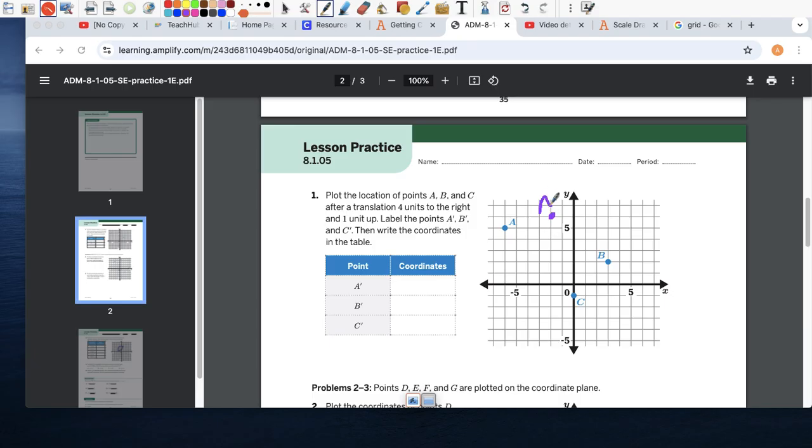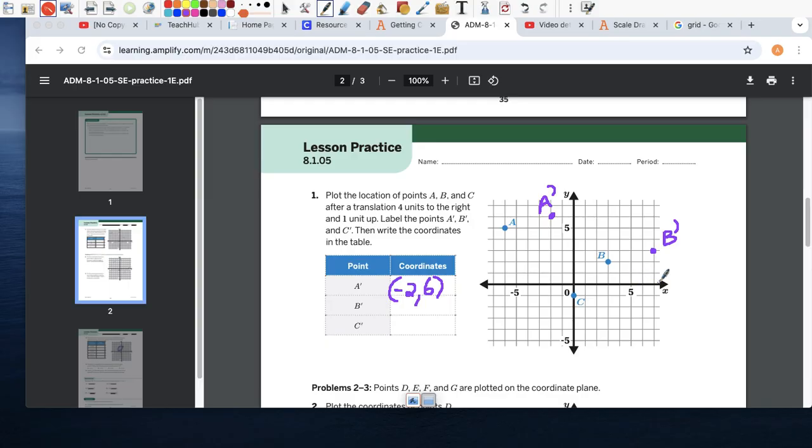A prime. And right away, I'm going to put the point. So that is 1, negative 2, and 6 up. B prime, 1, 2, oh my god, I can't see, 1, 2, 3, 4, and then 1 up. There's B prime.